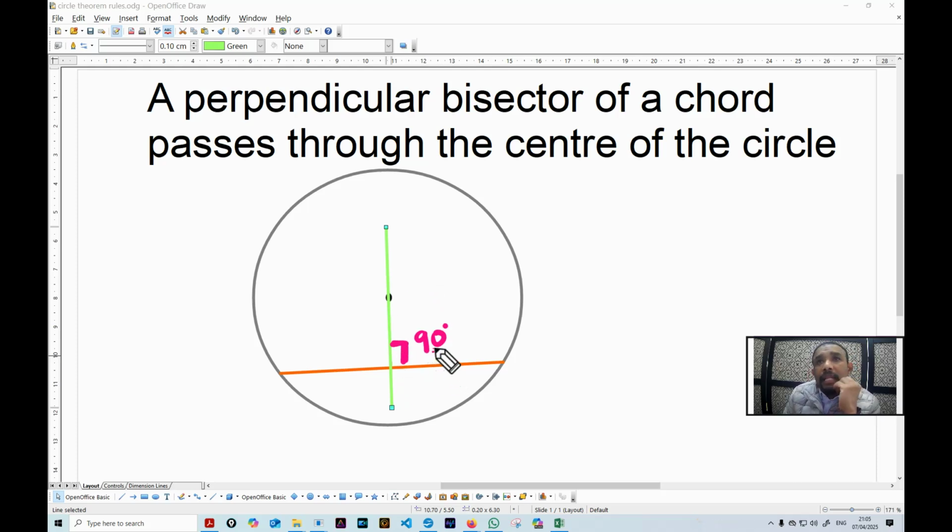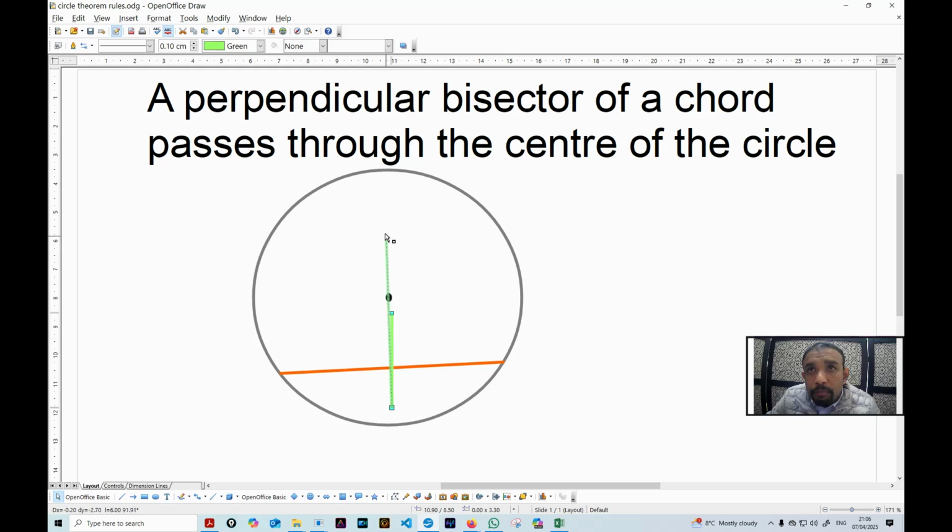That means 90 degrees to this line. This line and this line make 90 degrees. So that must go through the center of the circle. The green cannot go away from the center of the circle. No way. It must go through, it goes on and on.